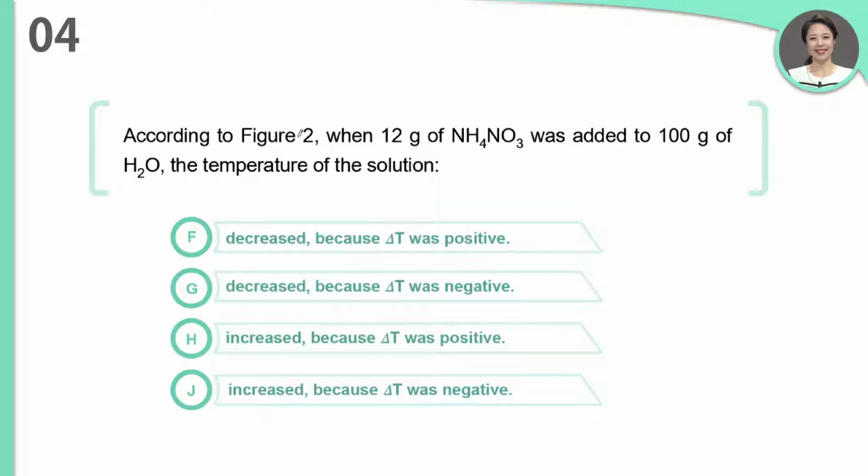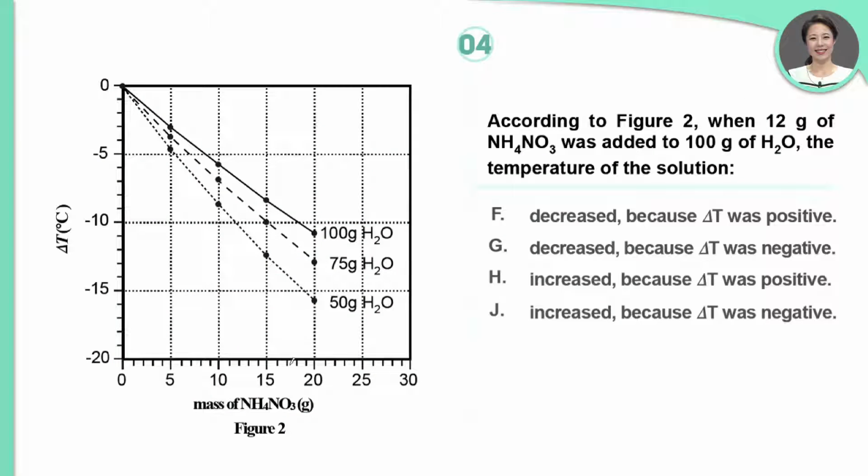Question number 4. According to figure 2, when 12 grams of NH4NO3 was added to 100 grams of water, the temperature... Once again, it's asking you about the temperature. Let's go back to figure 2. They said 12 grams, so 12 grams is here, 10, 11, 12, in 100 grams of water.